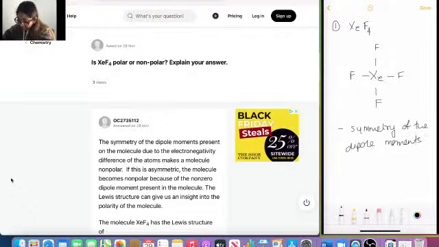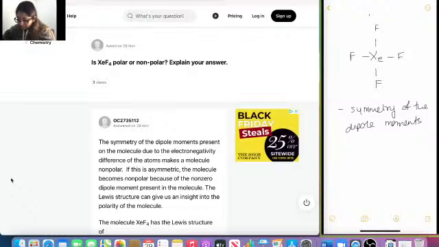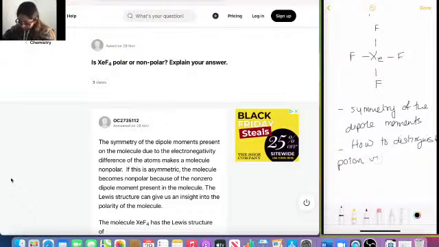And so how do you distinguish if it's polar or non-polar? How to distinguish polar versus non-polar, right?